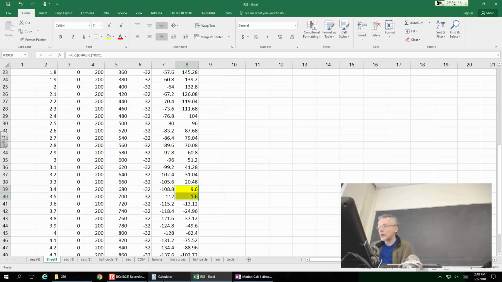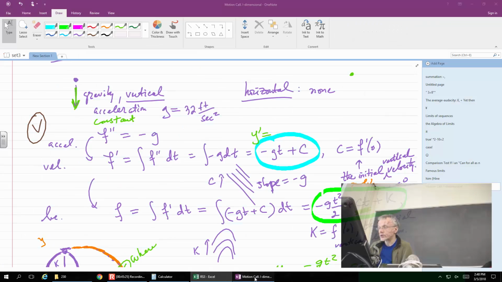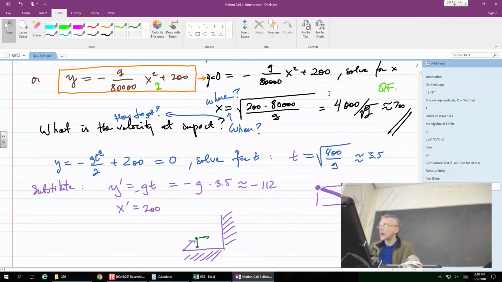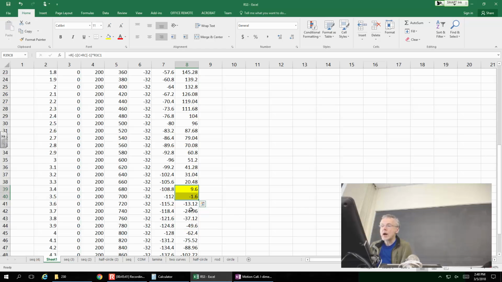So this is where things are happening. Let's see if this is the answer that we got. The time is 3.5. Indeed, which we did analytically; we discovered the same result now numerically. We have also discovered the vertical and horizontal speed.